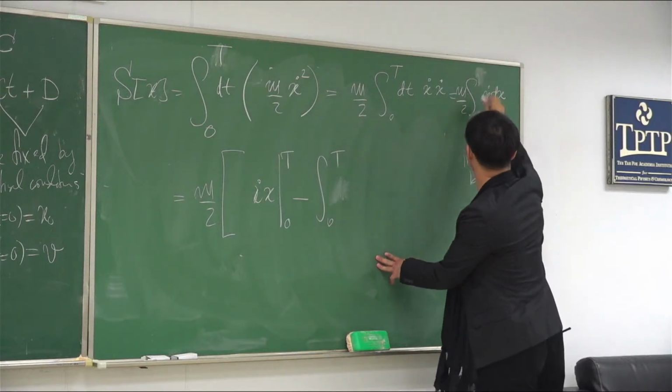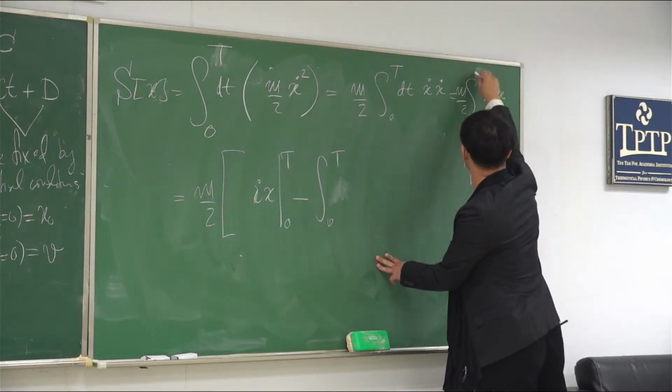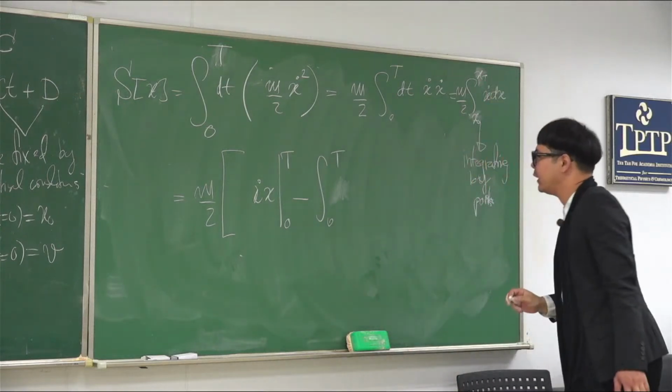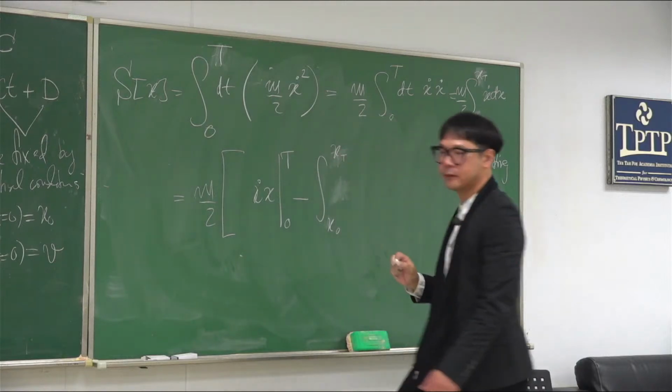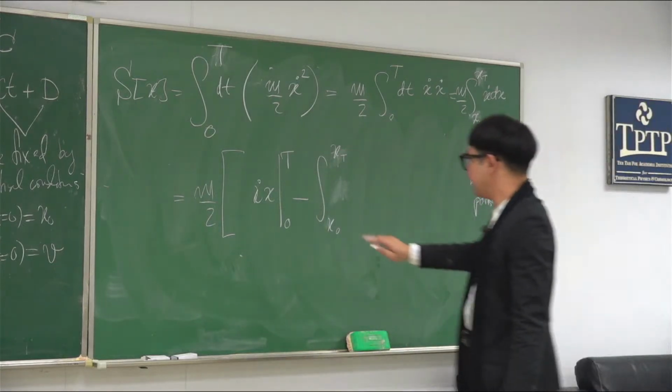It should be x dot x at T, here x as well. Okay.